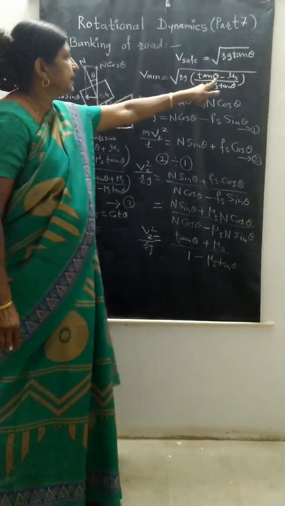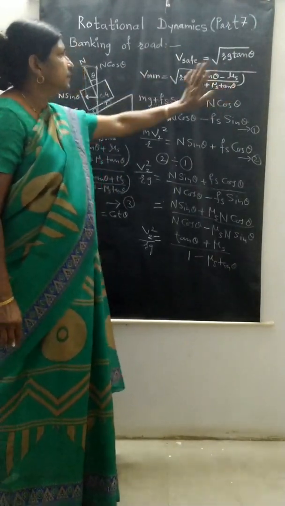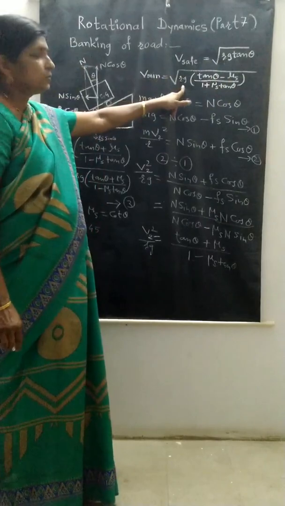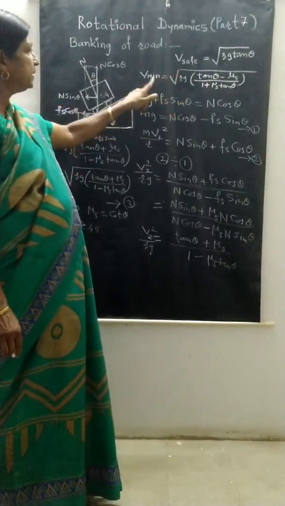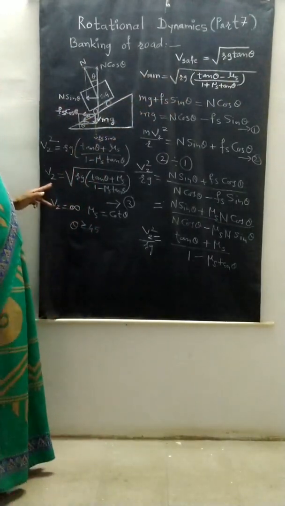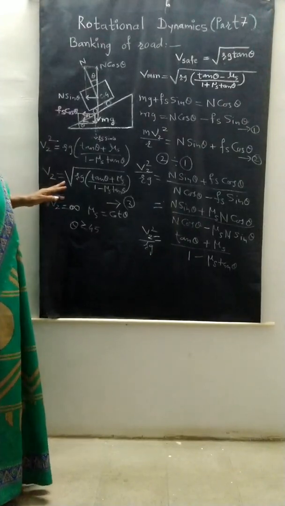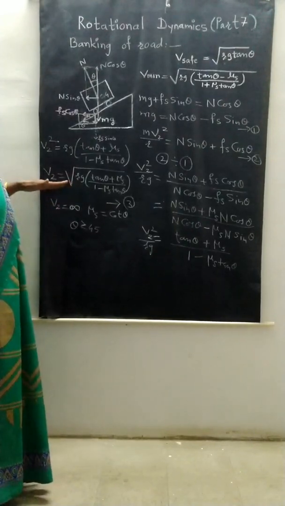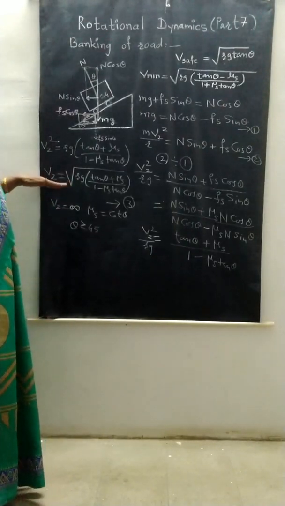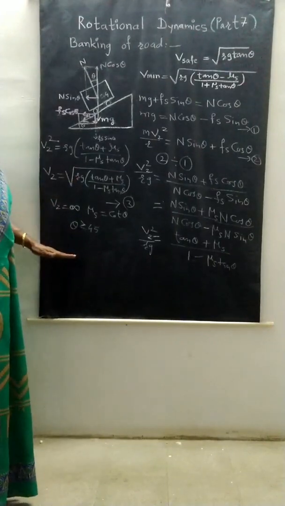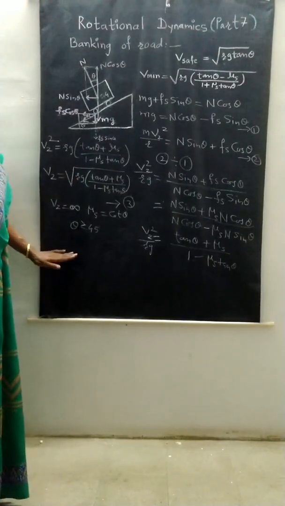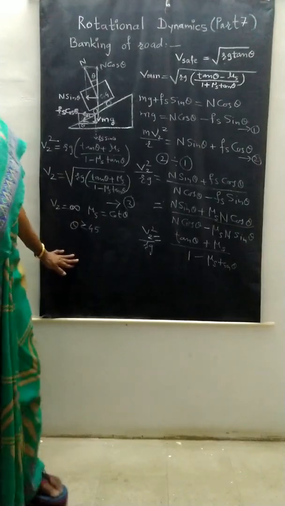If theta and mu are given, and R is also given, then we can find out V minimum, as well as V2, means the maximum speed, that is the upper speed limit. So let us stop here. The remaining things we shall discuss in the next period. Okay, thank you.